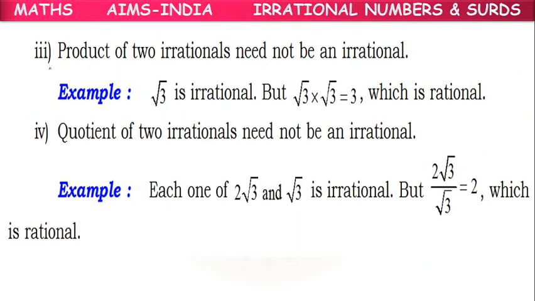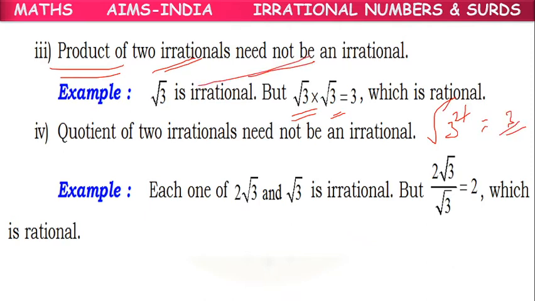Or the product of two irrationals, root 3 into root 3. If you multiply, it will become root 3 square. The square and root cancel. Answer 3. So the product need not be irrational. Quotient also: if we divide 2 root 3 by root 3, root 3 cancels.